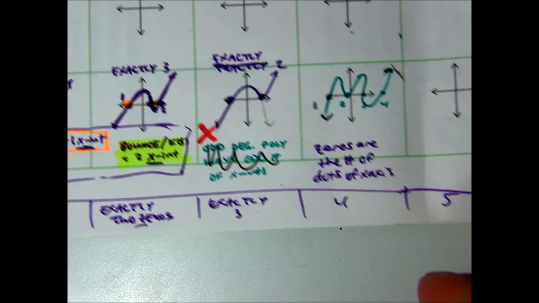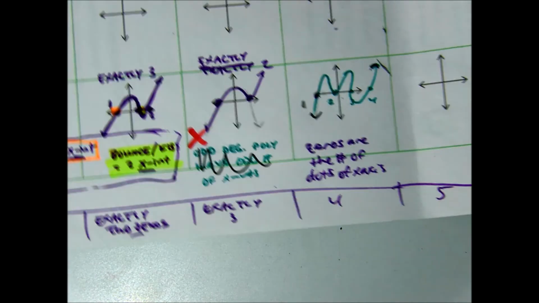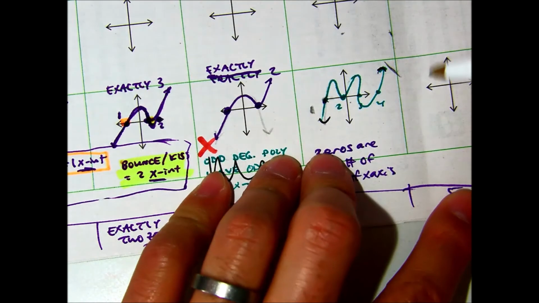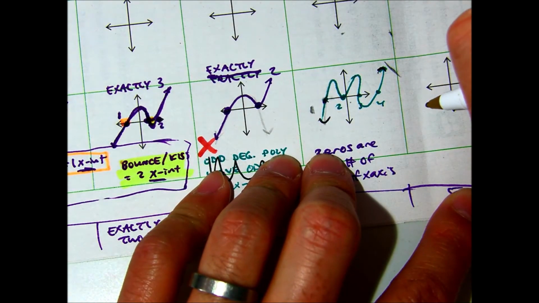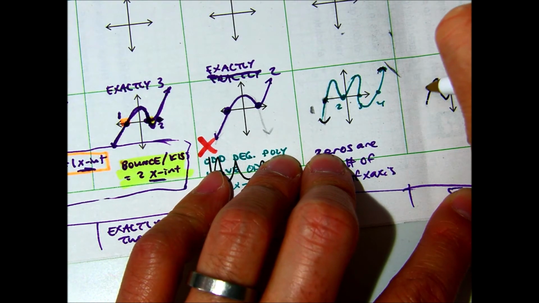All right, let's go ahead and draw a 5th degree polynomial. So this would be, I just needed to cross or touch 5 times. 1, 2, 3, 4, 5.